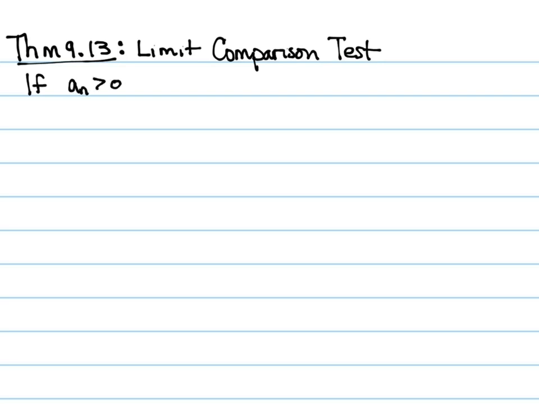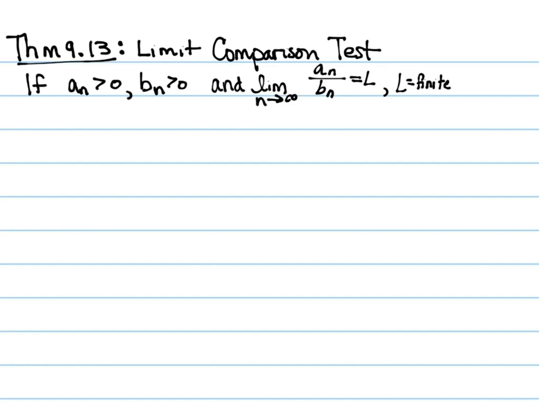If a sub n is greater than 0 and b sub n is greater than 0, and the limit as n goes to infinity of the ratio of a sub n to b sub n is equal to some value L. L has to be finite, so it cannot be infinity, obviously. L cannot also be 0. It has to be, oops, that's supposed to say L. L is greater than 0.